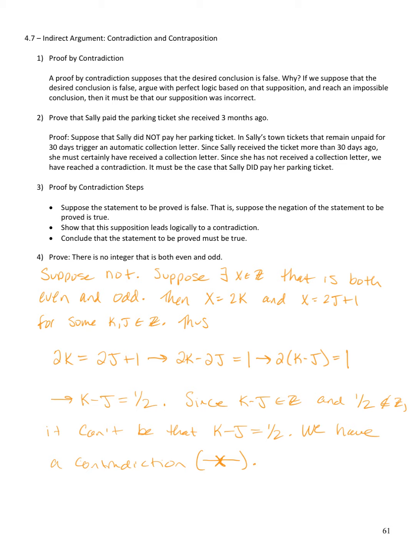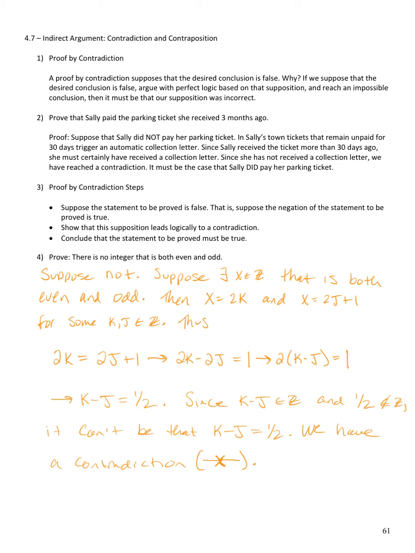Okay, so let's go ahead and write the proof. Suppose m is an odd integer. Then m equals 2k plus 1 for some k in the integers.